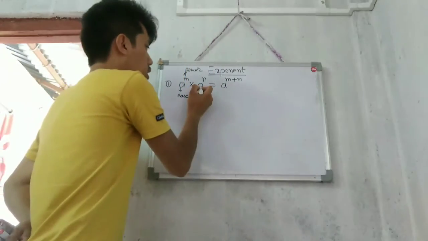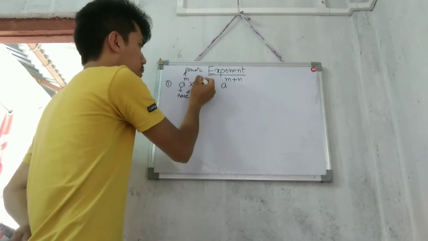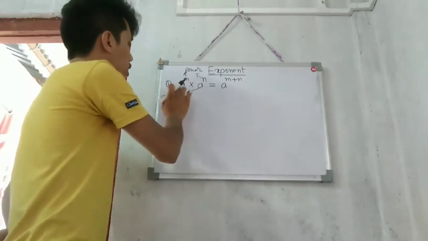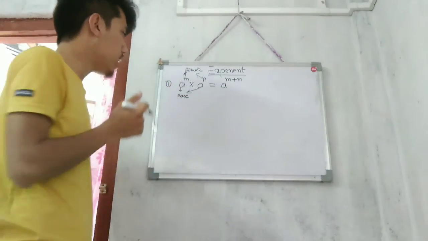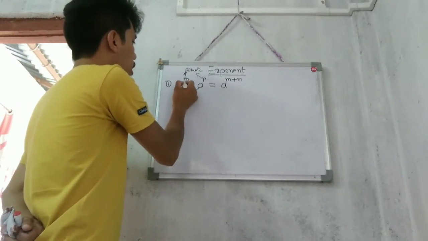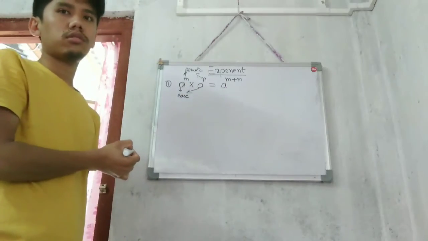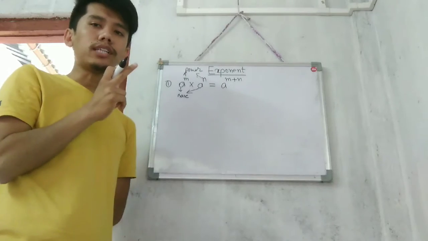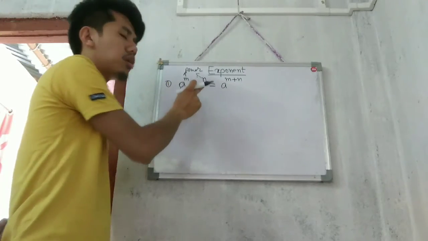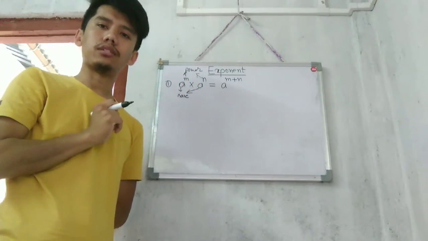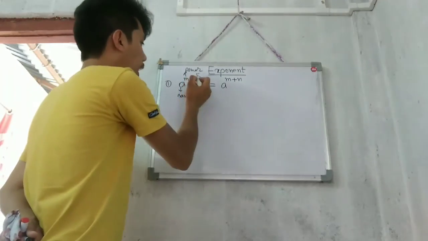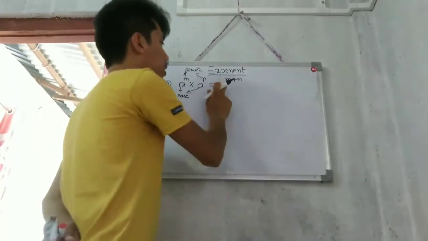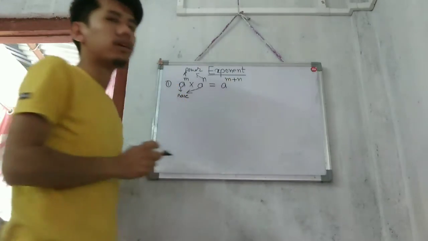Same way, here a is also the base and n is also the power. What idea do we get from here? The idea is that we are multiplying the same number, that means the bases are the same here. What happens when we multiply the same bases together? At that time we have to add their powers. So it will be simply a to the power m plus n.